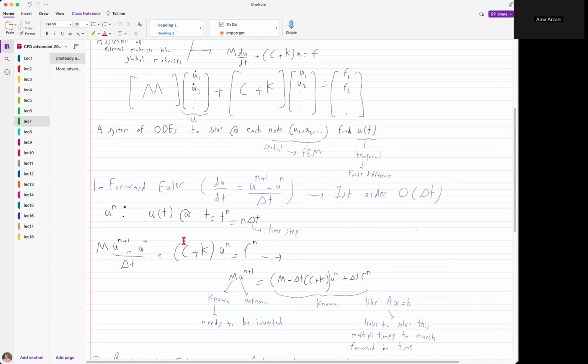So in the first case, where you have an unsteady advection diffusion problem and a steady velocity field, the reason for unsteadiness could be different things. Maybe your source term, F, is time dependent. Maybe your boundary condition is time dependent, that creates the unsteadiness, or none of them. Maybe you don't even have a source term, and your Neumann and Dirichlet boundary conditions are also not functions of time.